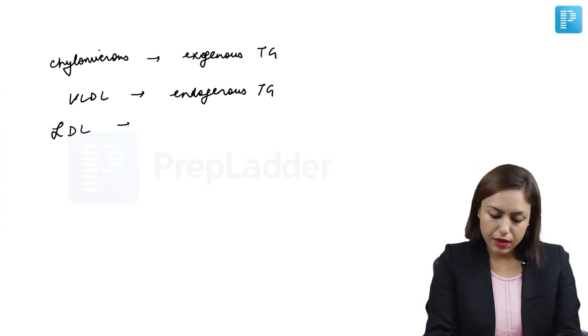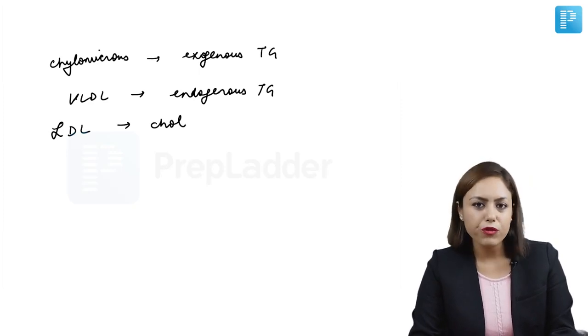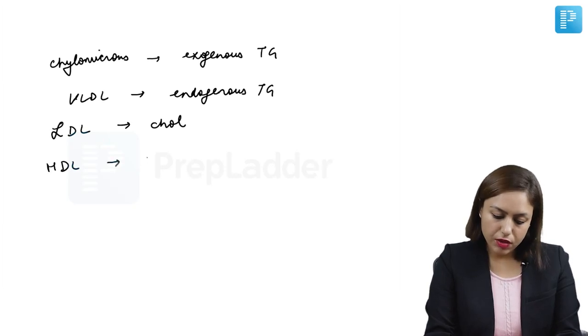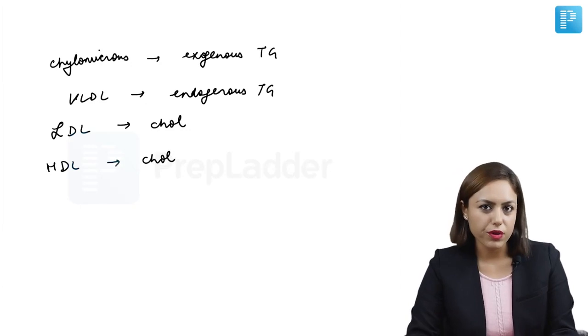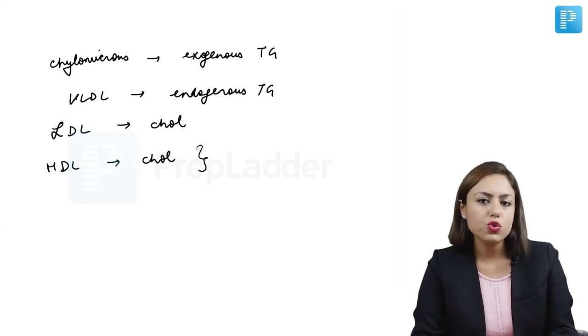Then LDL transports cholesterol from liver to peripheral tissues, right? And HDL transports cholesterol from peripheral tissue to liver, right? So as it is doing work opposite to LDL, so this is called reverse cholesterol transport.